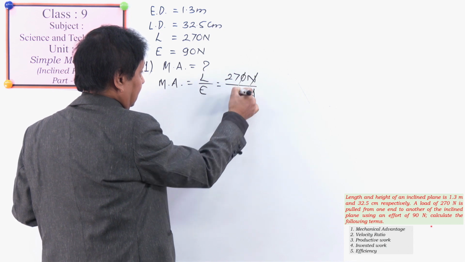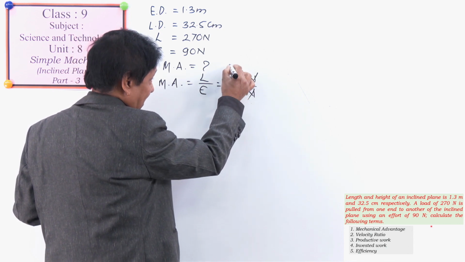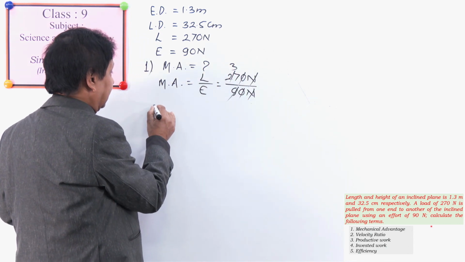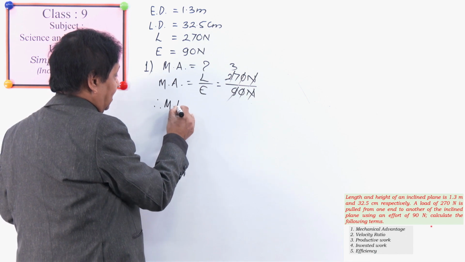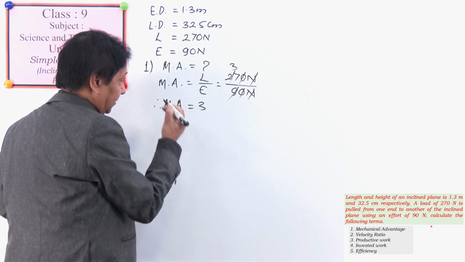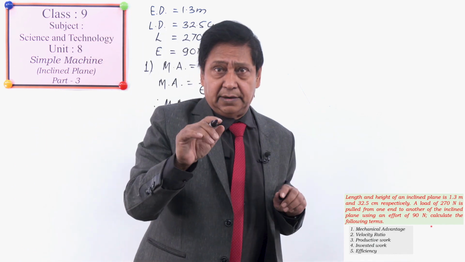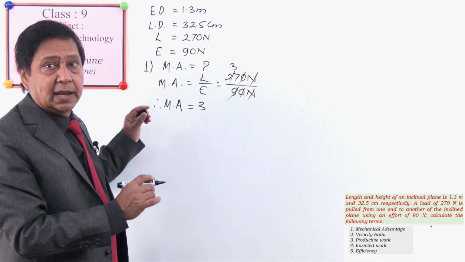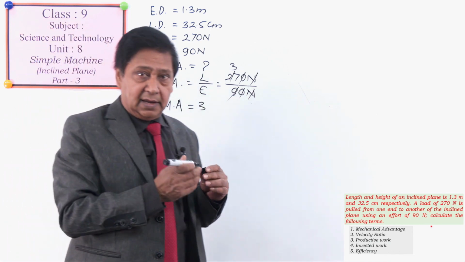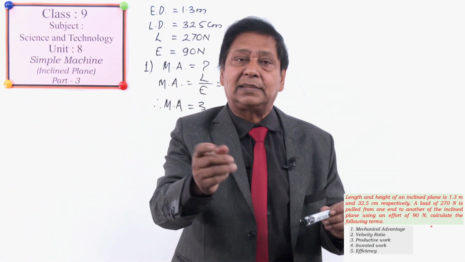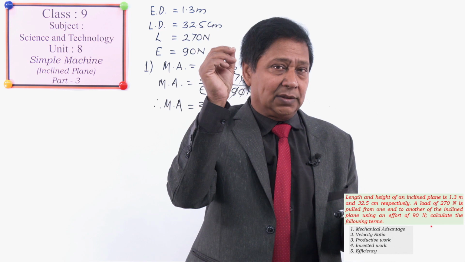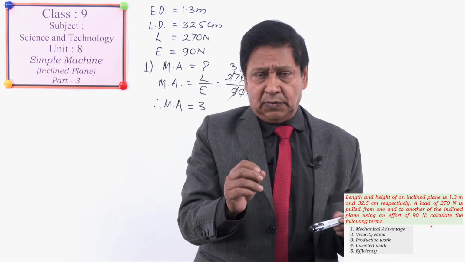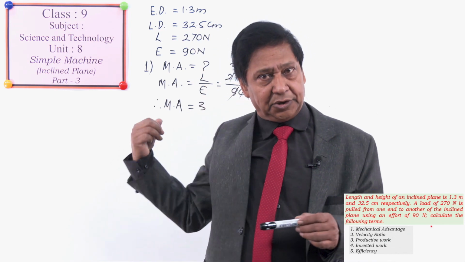Newton cancel, 0 cancel, 9 3s are 27. Therefore, I can say that mechanical advantage is equal to 3. What does it mean? It means using 3 times less effort we will be able to raise the load. If there is a 300 Newton load, then it can be raised by using just 100 Newton effort. Effort will be magnified by 3 times.